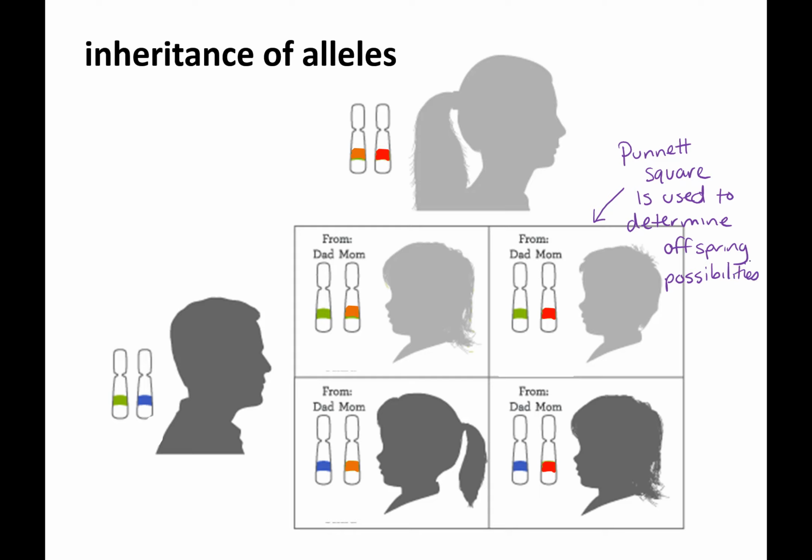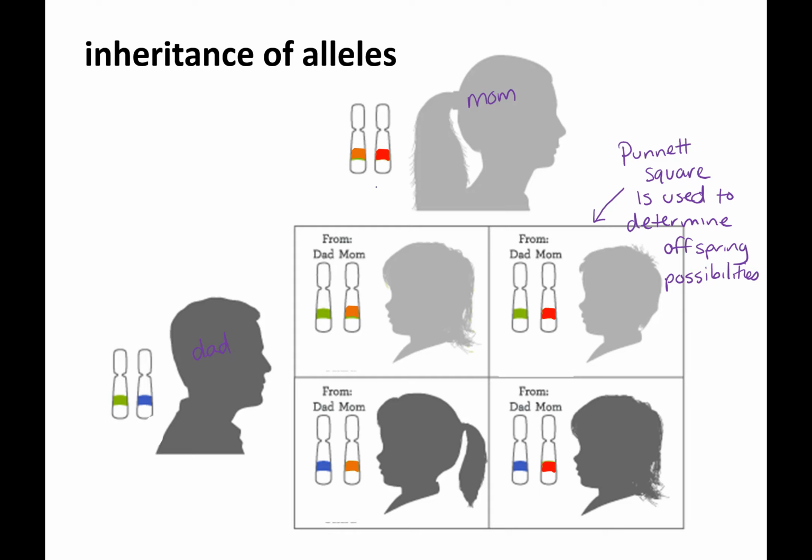So Punnett Square is used to say, okay, we have mom and we have dad. And mom can contribute an orange or a red allele, and dad can contribute a green or a blue allele. Okay.